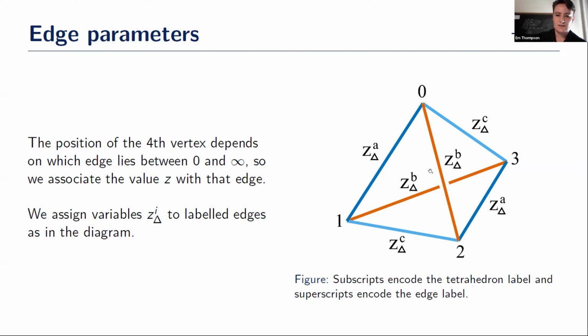Then opposite edges get a B, opposite edges get a C. This is encoding the geometry of the tetrahedron, and we're allowing these Zs to vary in a way that will let us parameterize things. Also, the opposite edges have the same associated variable, which comes from nice facts about the geometry of ideal tetrahedra.